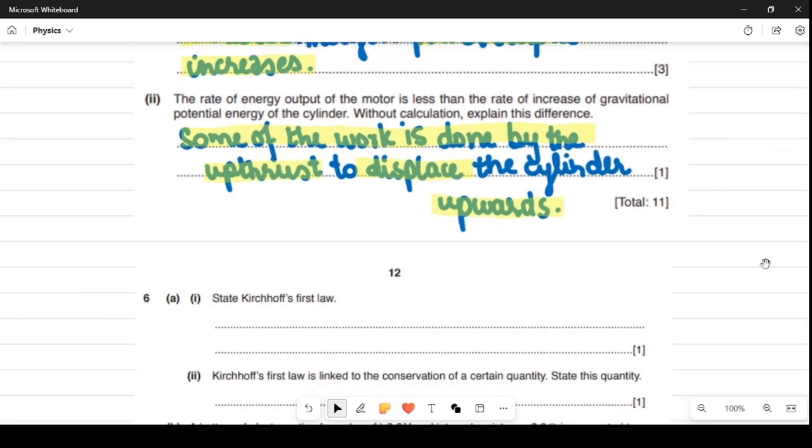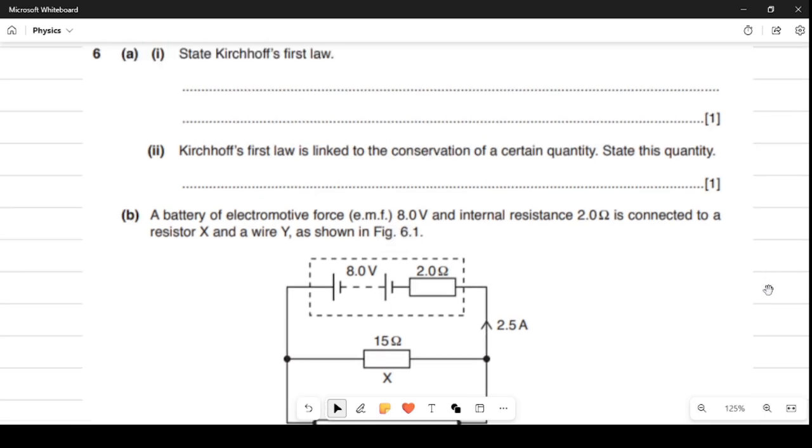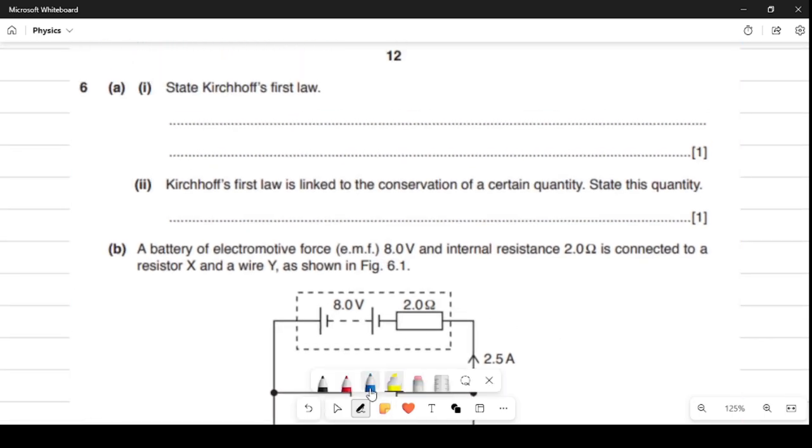So now let's move on to question number 6. State Kirchhoff's first law.